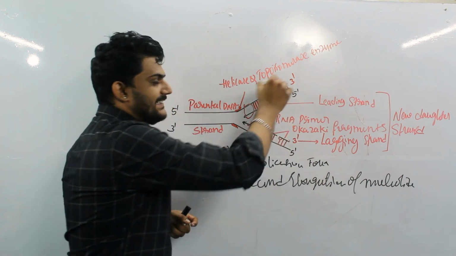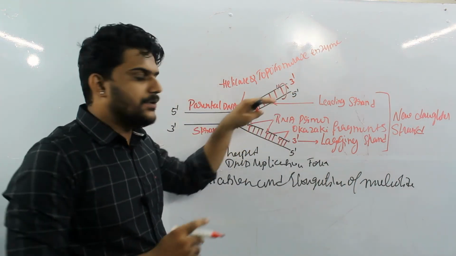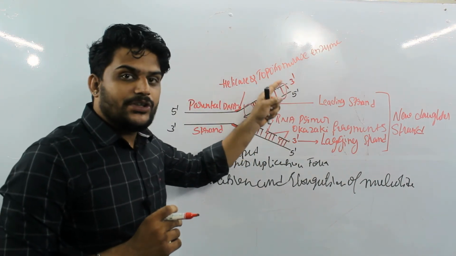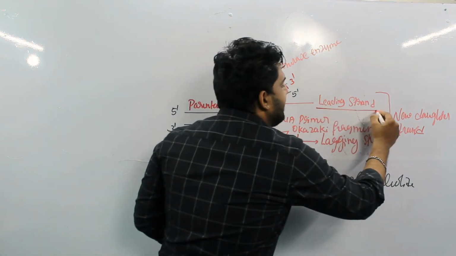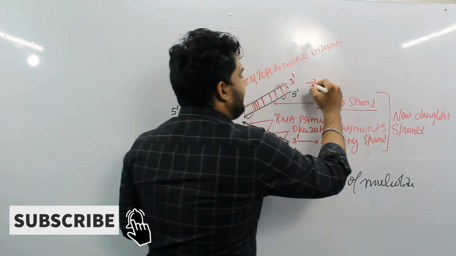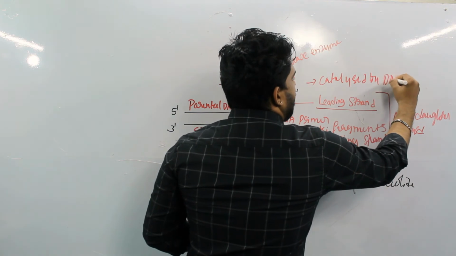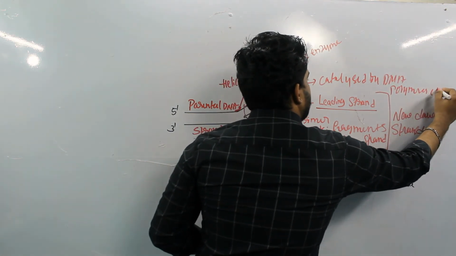Here it acts, the process starts, and on this strand the nucleotide binding is continuous. There is no gap, and that's why it is known as the leading strand, where the process is catalyzed by DNA polymerase 3.